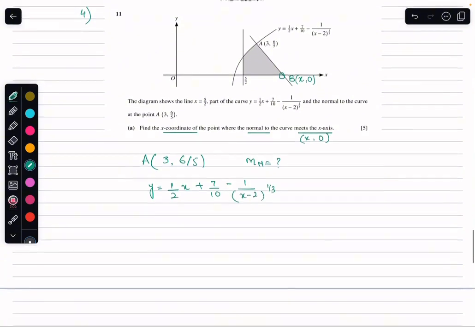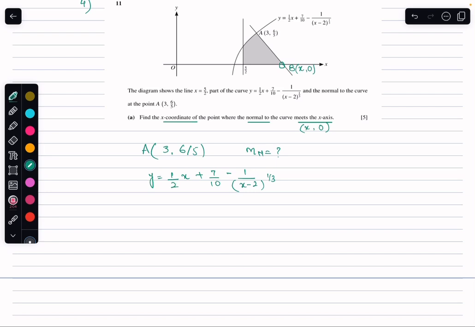So to get this gradient, I shall be differentiating the equation.